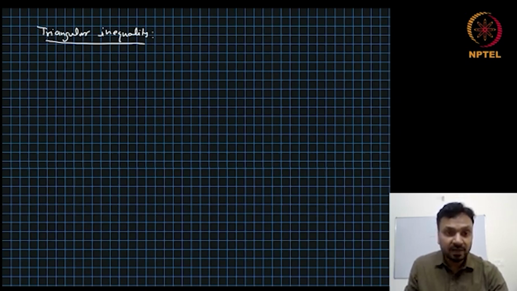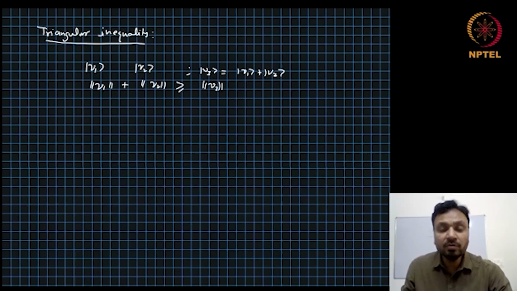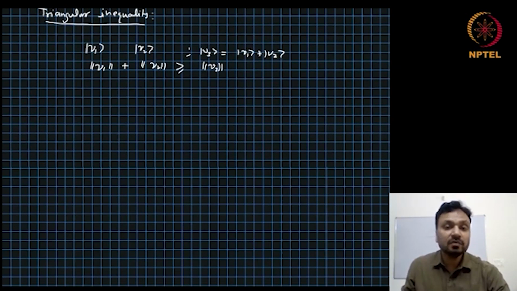It goes like this: if we have two vectors v1 and v2, then the sum of their norms, that is their lengths, is always greater than or equal to the length of v3, where v3 is the sum v1 plus v2. So the sum of the individual lengths of two vectors is at least the length of the sum of the vectors.